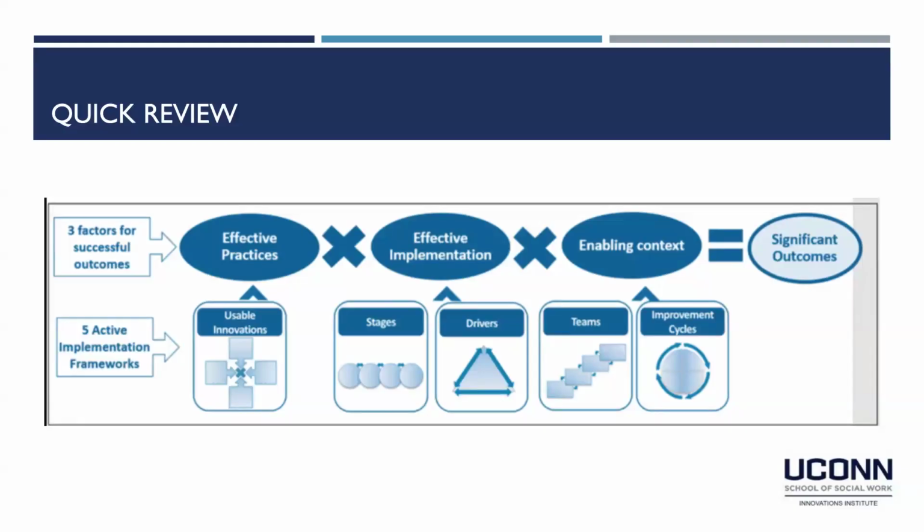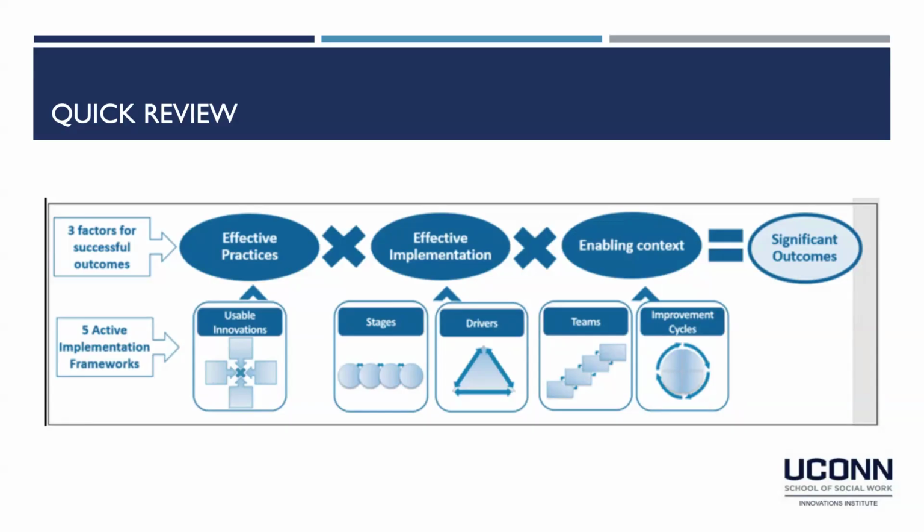Effective implementation of the pyramid model uses implementation stages to think systematically about the order of operations for implementation activities, and implementation drivers encourage us to think about individual provider competencies that are needed, as well as organizational factors and leadership skills that facilitate implementation.